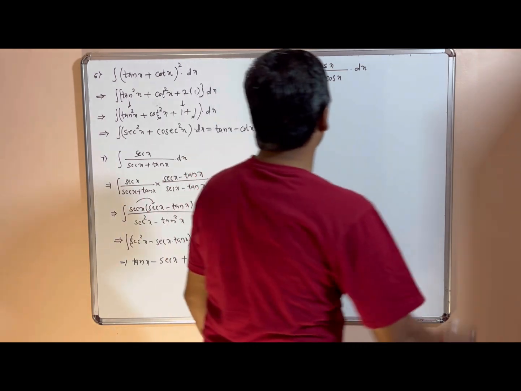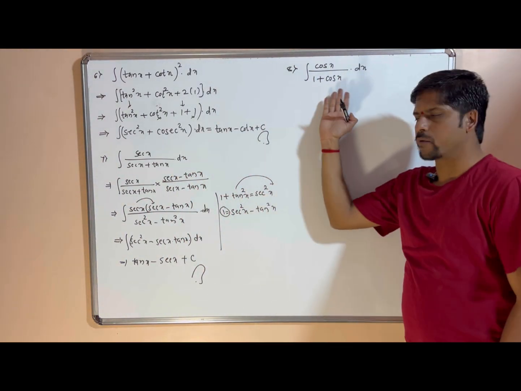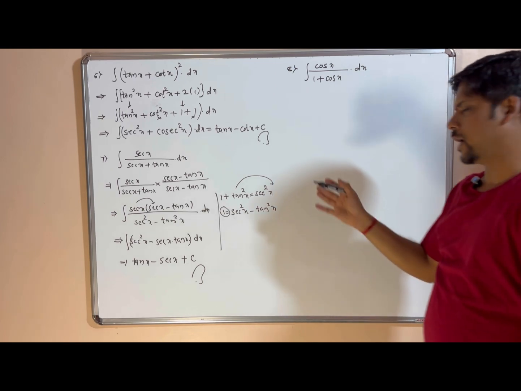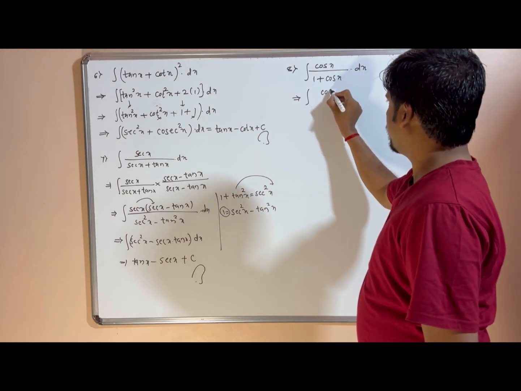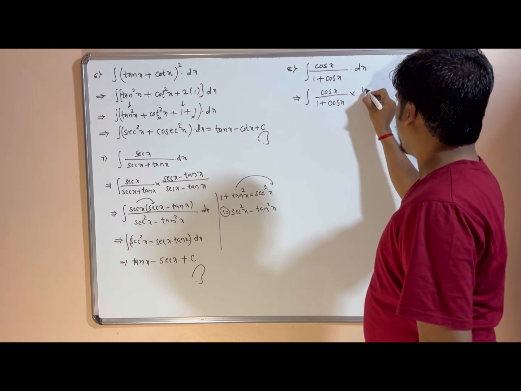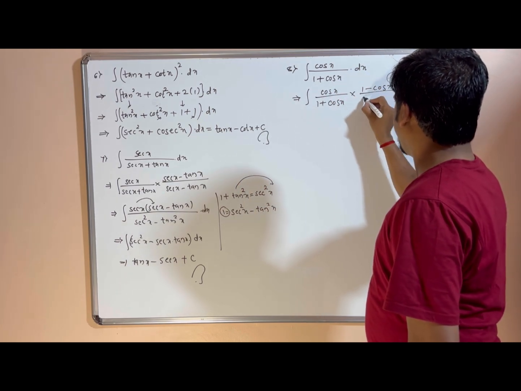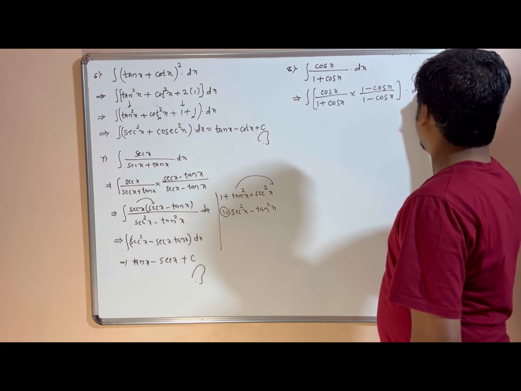which is the required solution. Here also in the denominator we have two functions, one is a constant function and another is a trigonometric function. So again, rationalize without a second thought. Cos x divided by 1 plus cos x, into 1 minus cos x divided by 1 minus cos x, into dx.